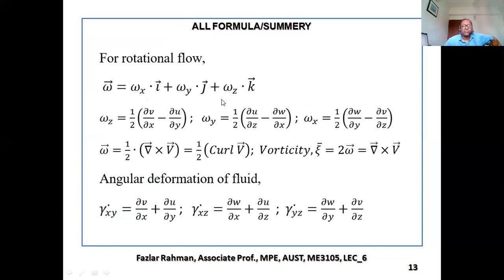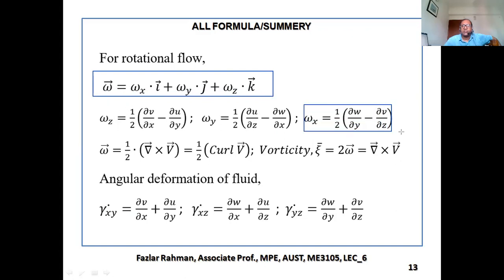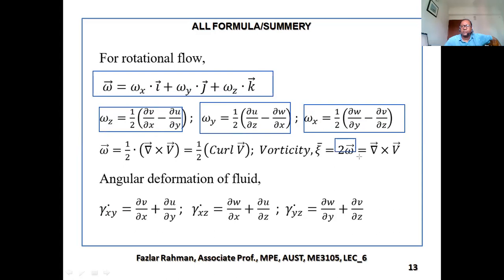Then in case of rotational flow, the vector equation is this one. And what is omega x? This is my omega x, this is omega z, and this is omega y. And vorticity equals 2 times the rotational vector, or curl V, divergence of V, the cross product of two vectors.